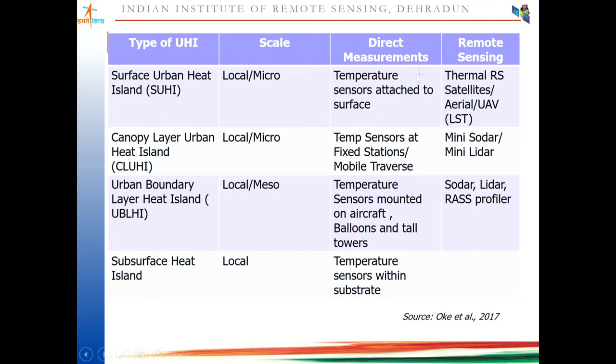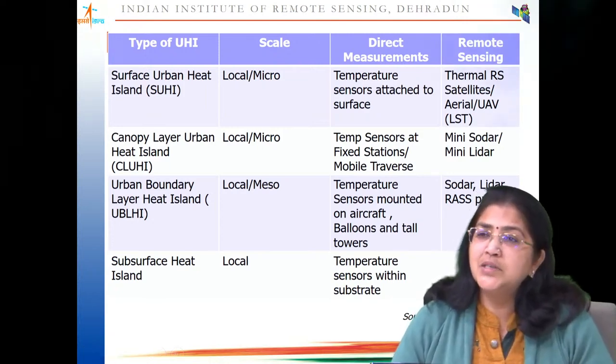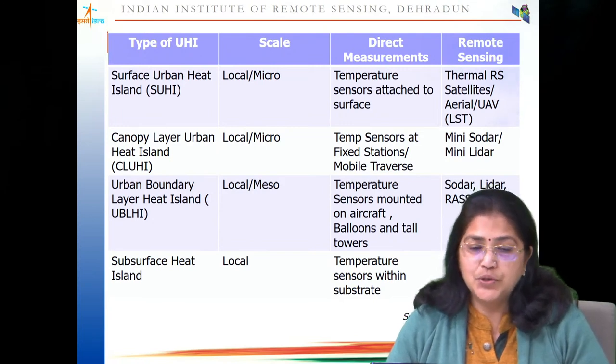If we use direct measurement, we need to attach temperature sensors to the surface. But this type of urban heat island is mostly studied using remote sensing data, where you have thermal remote sensing, satellite data, aerial or UAV data, basically using land surface temperature.